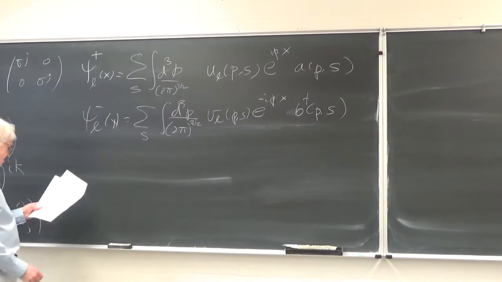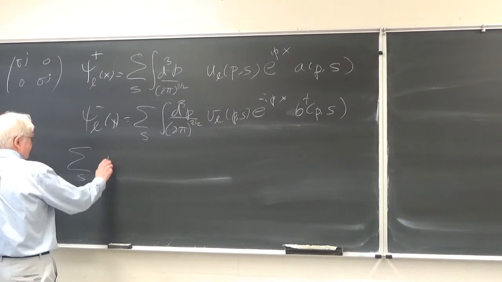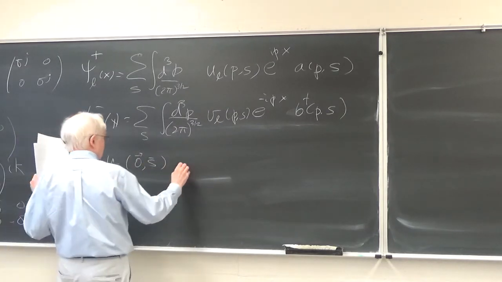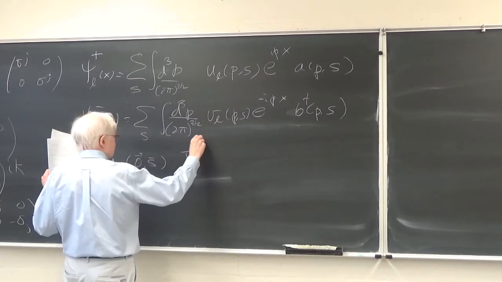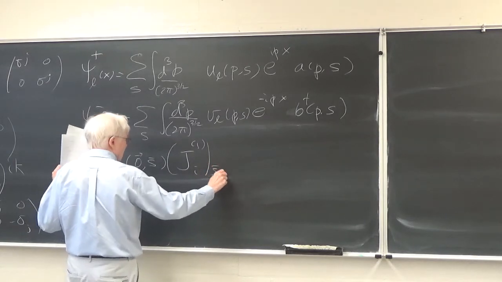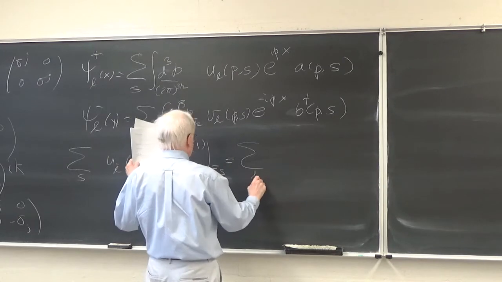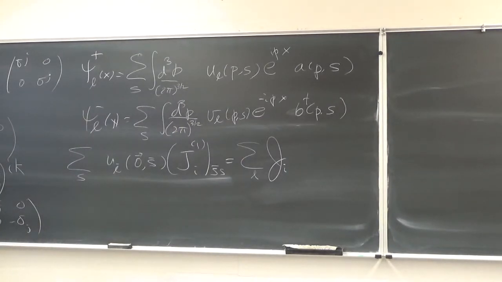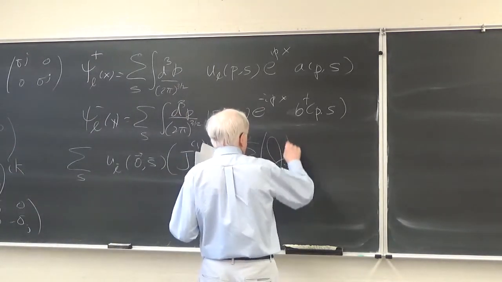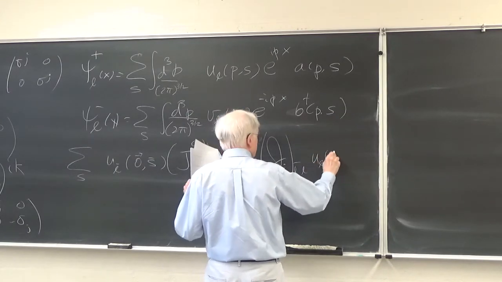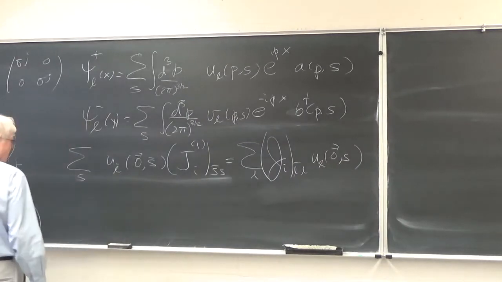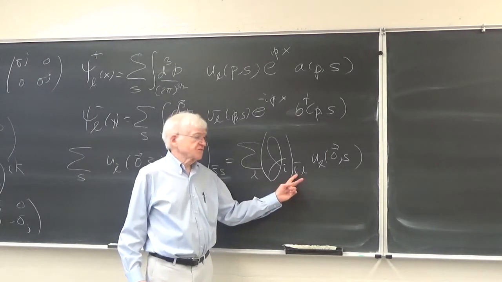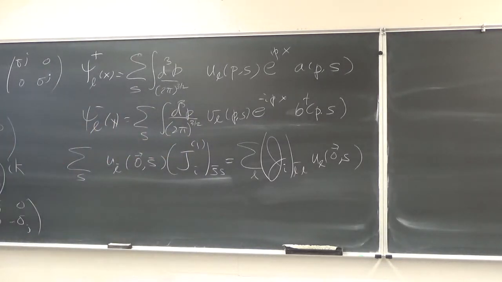Okay, we had these rotation conditions, and these rotation conditions are sum on S, u_L bar, these are at momentum 0, S bar, J_i of J, S bar S equals a sum on L of script J sub i, L bar L, u_L of 0 and S. Now what we know here is that L and L bar go from 1 to 4 because we're talking about the 1/2 representation of the Lorentz group.